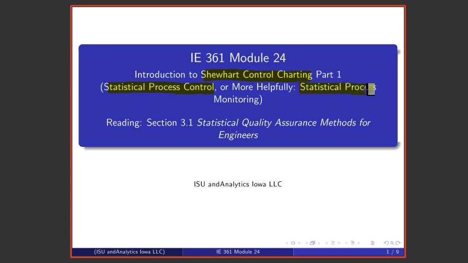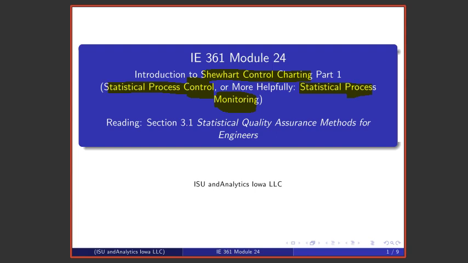I would really prefer to call it statistical process monitoring because this word control has connotations of process tweaking, whereas really what we're going to talk about here is not tweaking or adjusting, but rather simply monitoring.